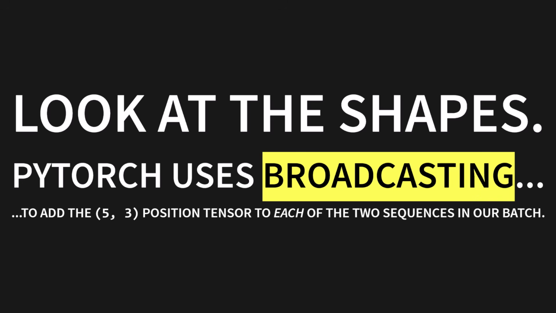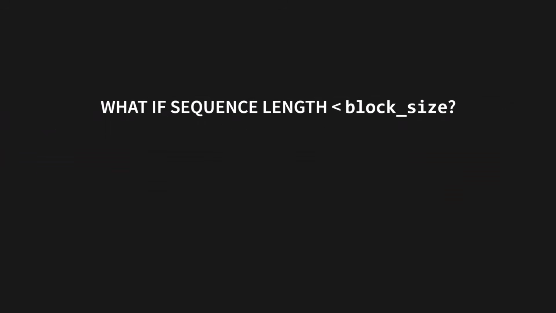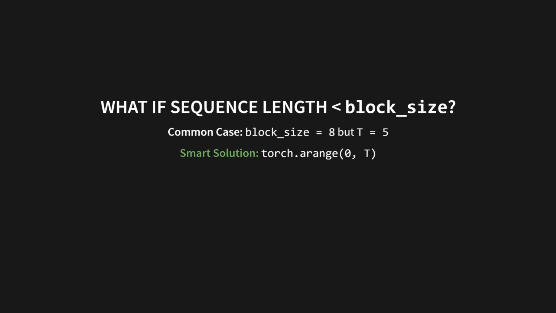It's incredibly efficient. This also answers another key question. What if our sequence length is less than the block size? This is the common case. Our block size is 8, but our current sequence length, T, is only 5. The solution is that smart line of code, torch.arange from 0 to T. It only generates the positions for the actual sequence length we're processing right now.